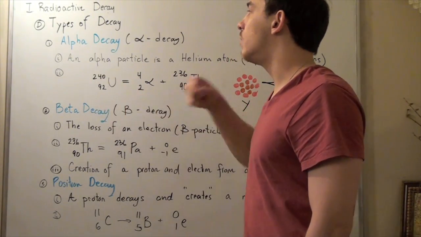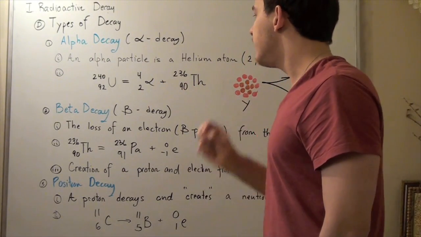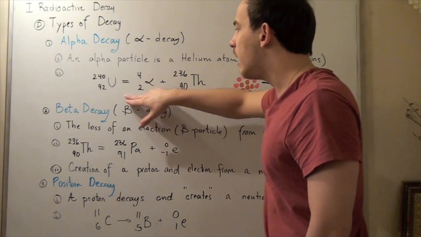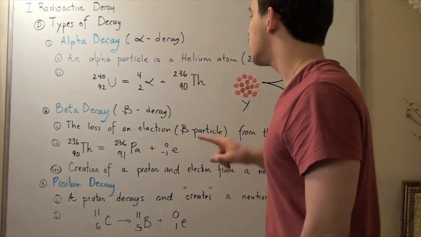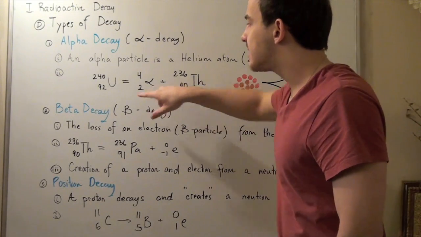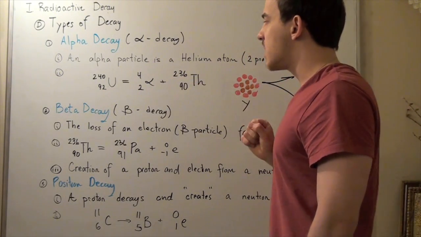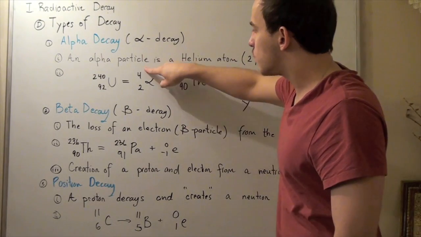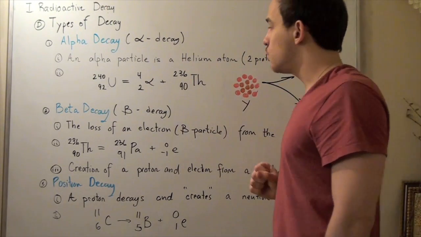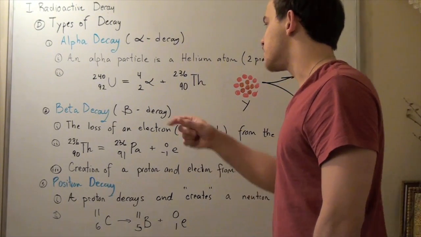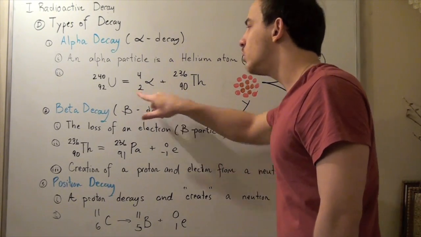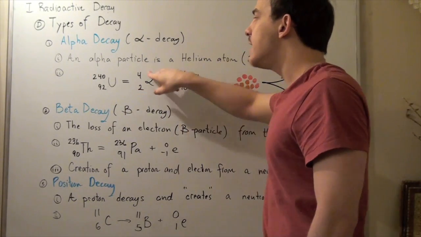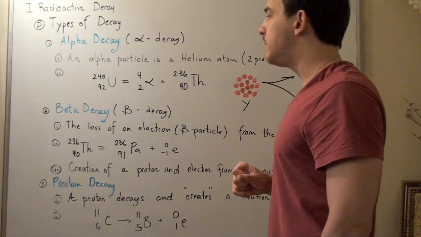So if this atom undergoes alpha decay, it forms the following alpha particle, a single alpha particle, and a new element. Now this alpha particle has 2 protons and 4 nucleons. So 4 minus 2, it has 2 neutrons. And it also forms a new atom that has 2 fewer protons than before and 4 fewer nucleons than before.